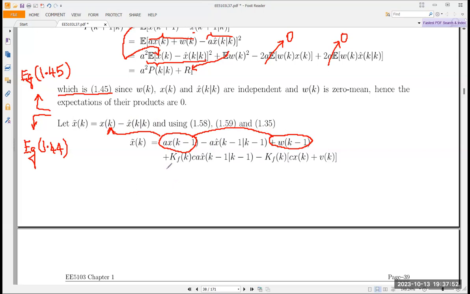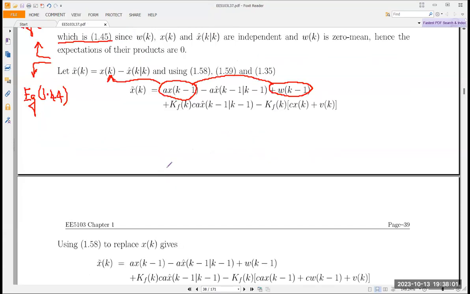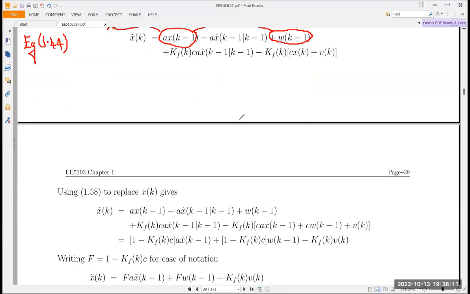Then after that, just to help you, there's nothing to explain. Just look at the equation. Oh, yeah, it's that. Then after that, use 58 to replace x. So then you see x here. You see all are the same. Everything is the same except the x here is now replaced.